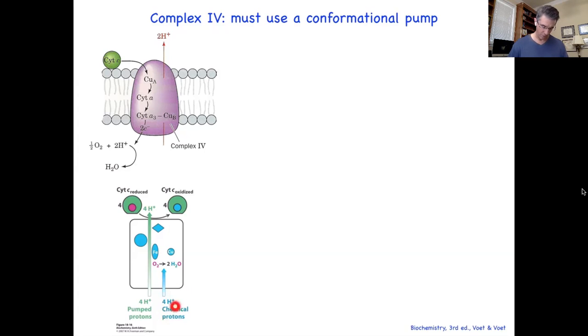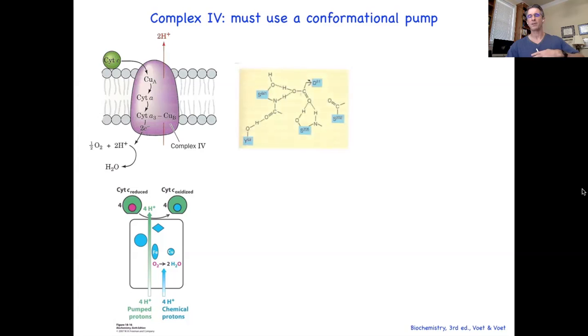We're taking up chemical protons by virtue of making water out of the matrix, and so that removes protons, if you want to think about it, from the matrix. But this complex also, as a result of this cycle, physically pumps protons through the structure into the intermembrane space, out of the matrix into the intermembrane space.